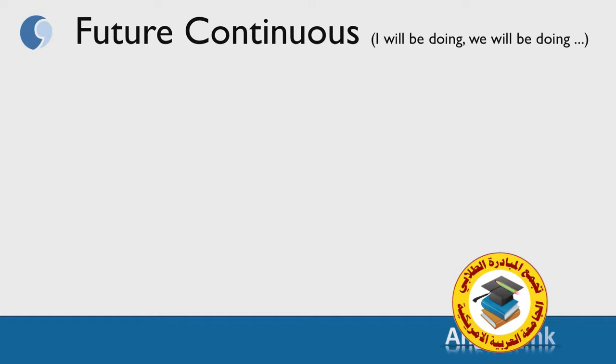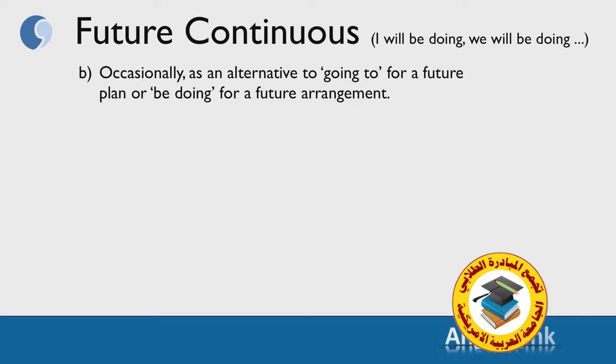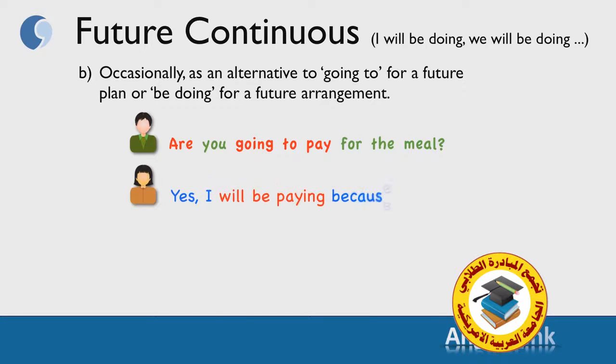The second usage of the future continuous tense was replacing the going to form for the future or the be doing form for the future. For example, are you going to pay for the meal? Yes, I will be paying because he paid last time.